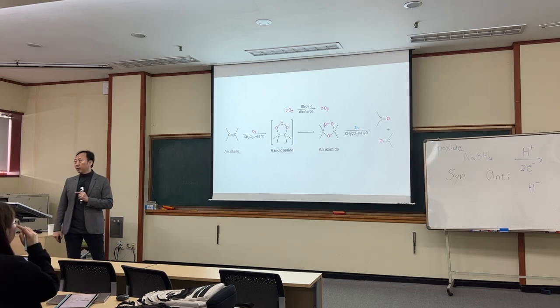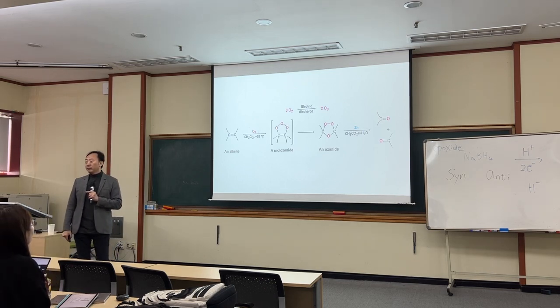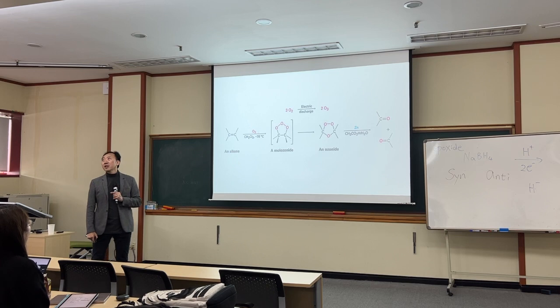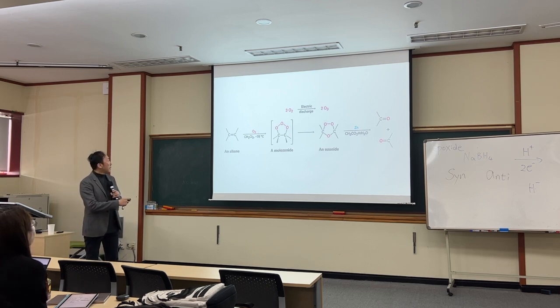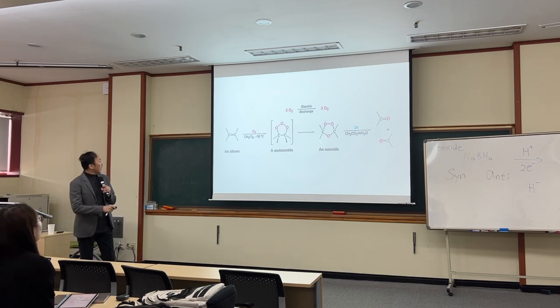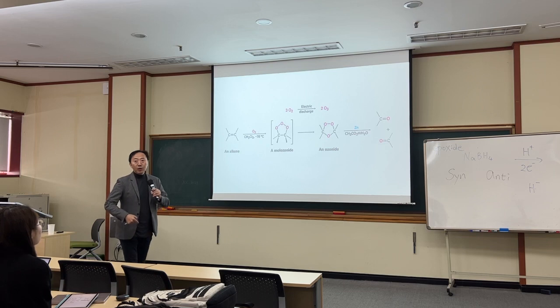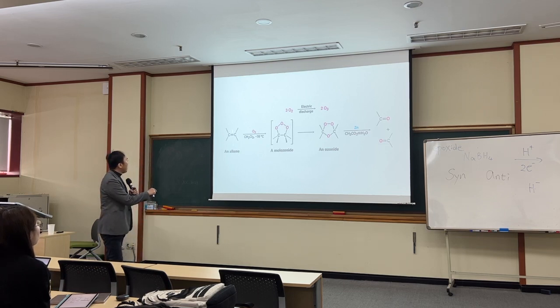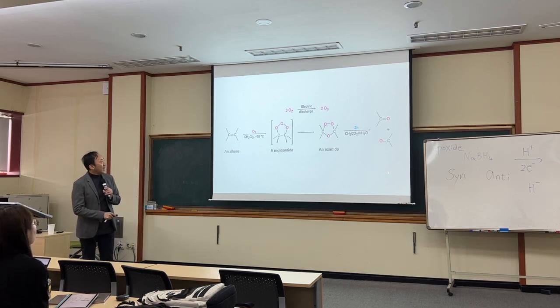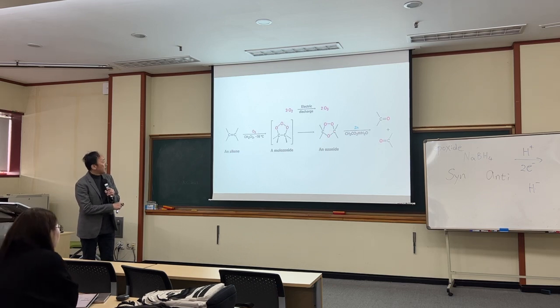If you add ozone, a cousin of the oxygen molecule, this ozone makes this kind of intermediate, and this mechanism is complicated, so forget about it. But if you add ozone, then it breaks in the middle and adds oxygen on both sides.